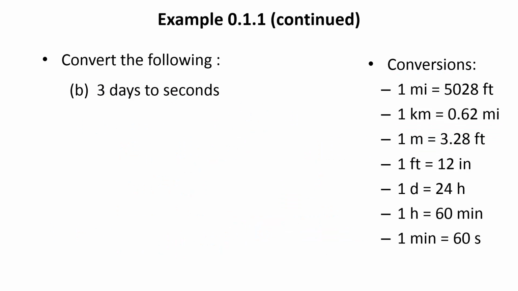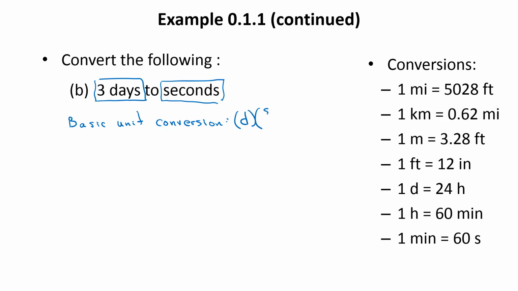In part B of this equation, I want to convert 3 days to units of seconds. Again, my basic conversion: I have days. If I multiply that by the number of seconds per day, that'll cancel out and it'll leave me with seconds.